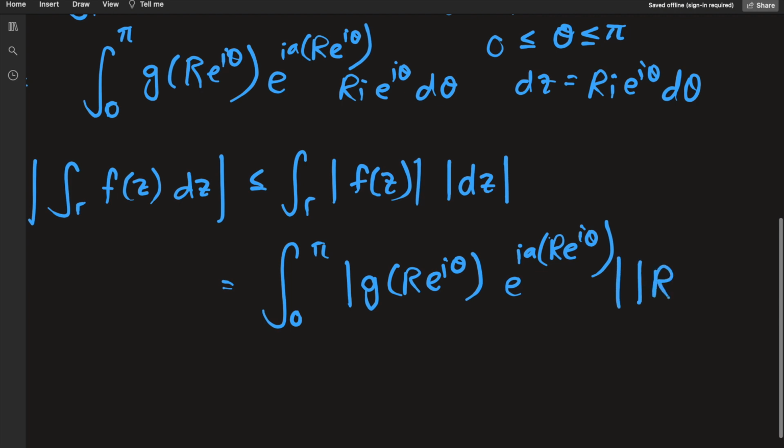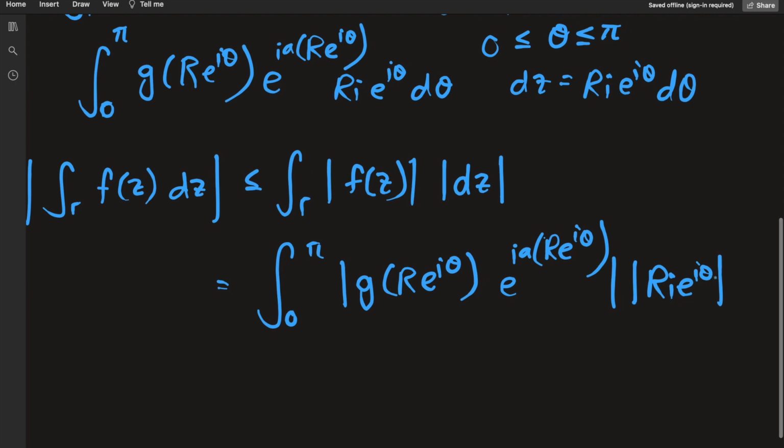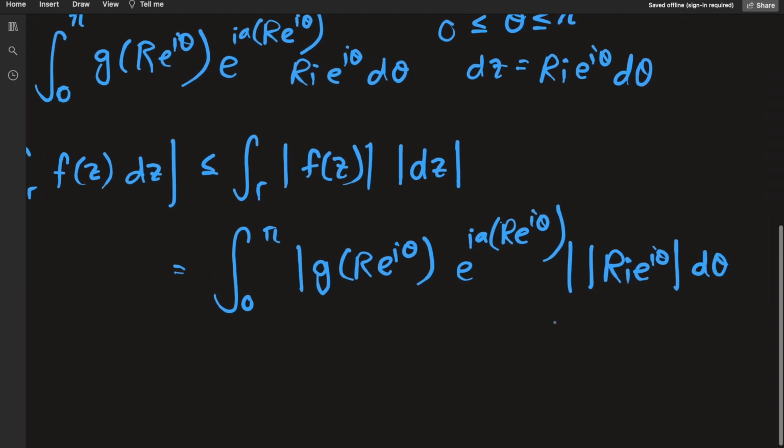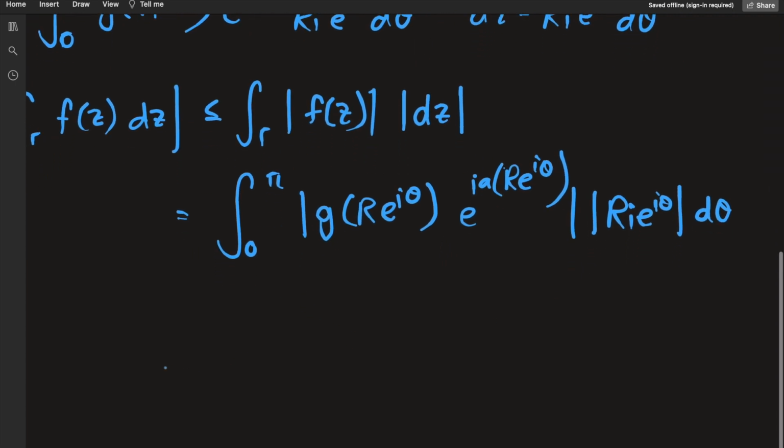Fine, we have absolute value of r i e to the i theta d theta. Absolute value of d theta will just be the same. Okay, well, absolute value of i and e to the i theta will just become 1.